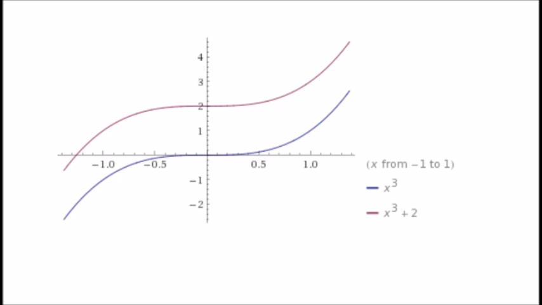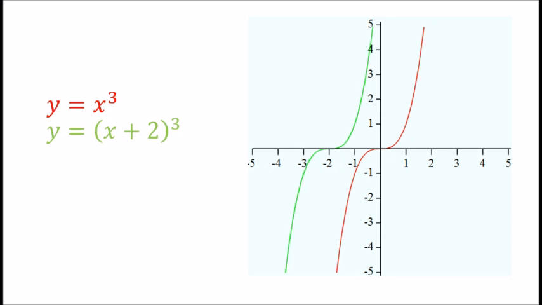So here we can see for the graph of y equals x cubed, adding the constant plus 2 simply shifts it up by 2 units. If we take x cubed and we add the value 2 to it, that will simply shift the graph to the left. But notice that when we add the 2, we're not adding it to the entire function, we're adding it to the variable x.